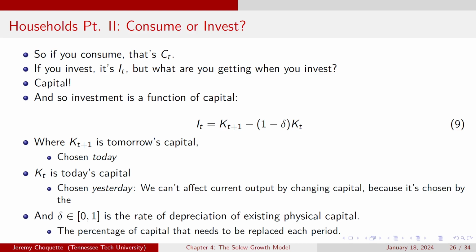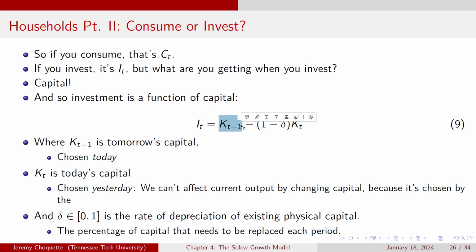And we have delta, which is between 0 and 1. It's the rate of depreciation of existing physical capital. It's the percentage of capital that needs to get replaced each period. So this investment is a flow of capital over time. It's new capital minus old capital, but that old capital is falling apart at some rate delta.